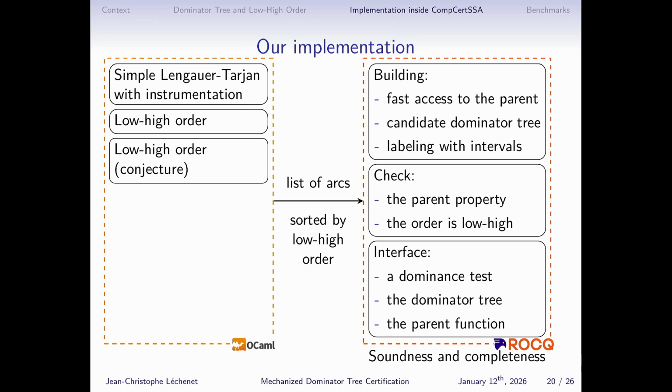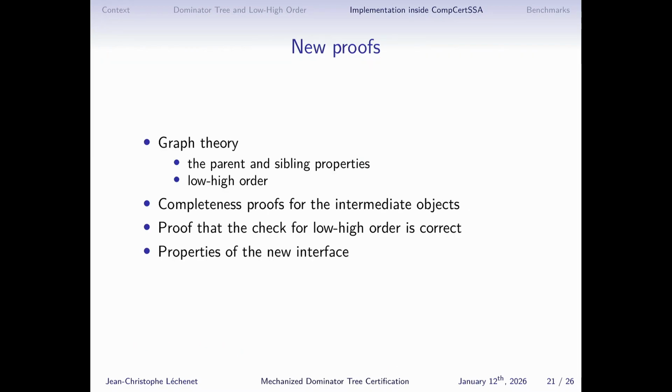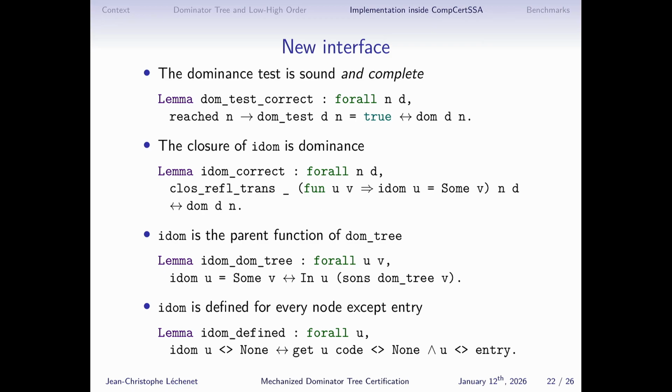All these intermediate objects, we needed more proofs because they were only the proof needed to show soundness, and now we have completeness, so we need more intermediate lemmas, let's say. We need to prove that the checker for the low-high order is correct. Well, actually, it just verifies the definition, so it's pretty straightforward. And since we have more things in the interface, we need more proofs for that also.